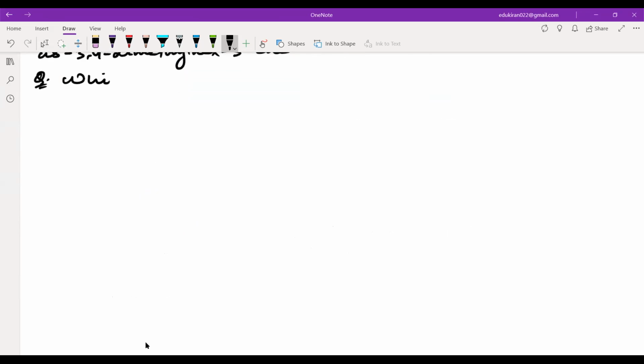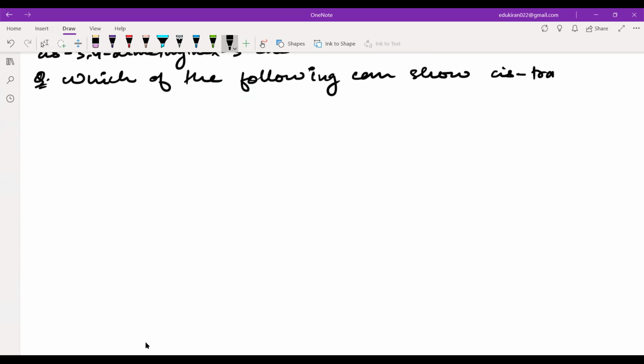Which of the following can show cis-trans isomers or geometrical isomers? Cis-trans isomerism.